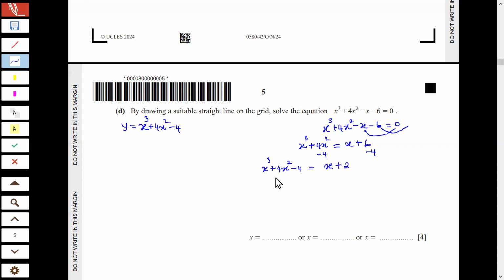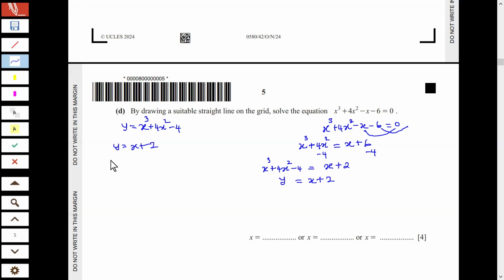Now you can see the whole of this can be replaced with y. So I'm going to call this y equal to x plus 2. Now, from y equal to x plus 2, which is a linear graph, you're expected to draw this linear graph on the graph paper. We have to go back to the graph paper and draw the linear graph.